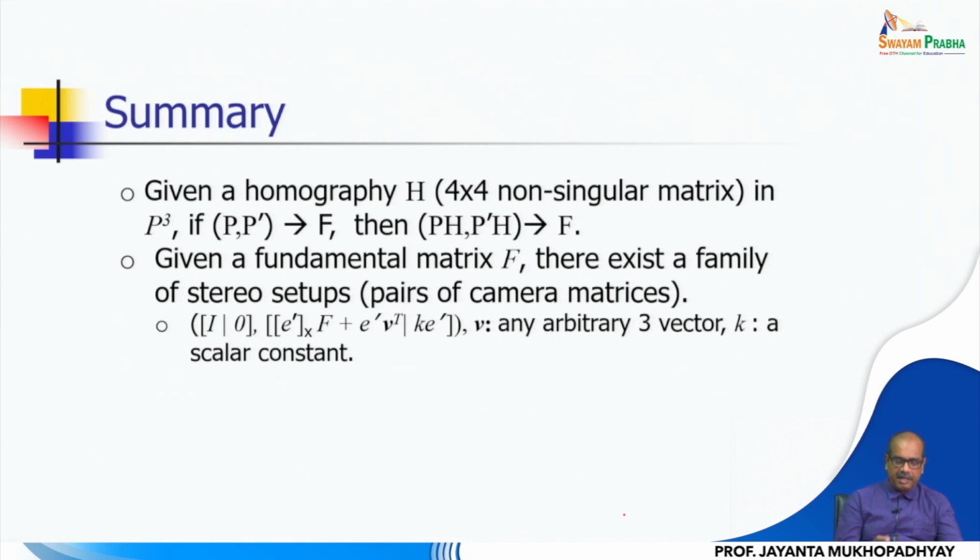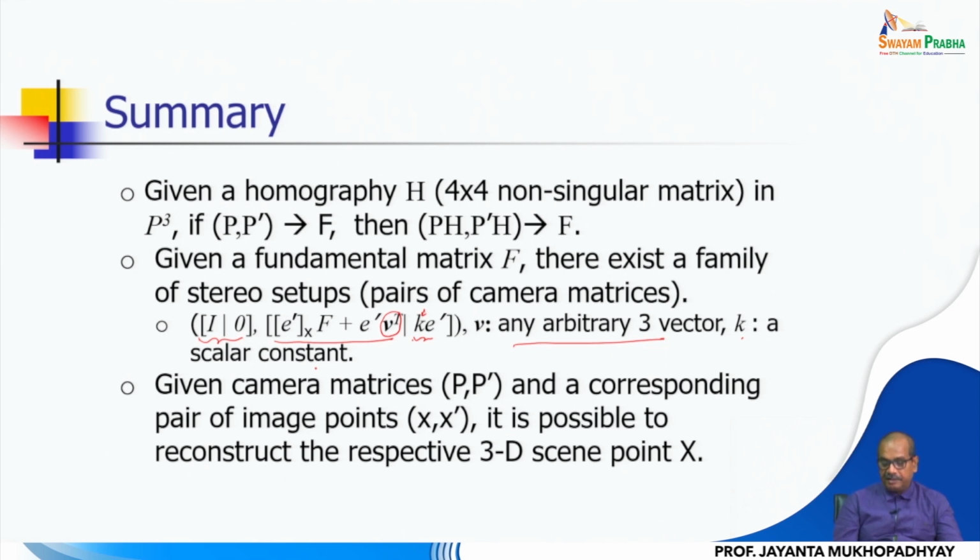So, I0 once again is a canonical form of the reference camera matrix, and then this is the 3 cross 3 submatrix of the other camera matrix, and k e prime is the respective column vector. Here you can see that this v, which is a 3 vector, forms a parameter with respect to F, and this k is a scale. So, these are the parameters which define this family. V is any arbitrary 3 vector, k is a scalar constant.